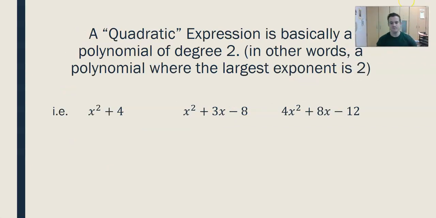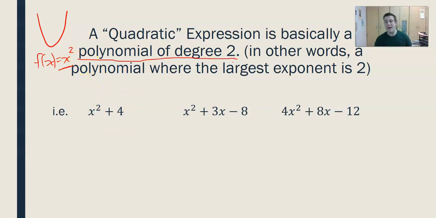When we talk about a quadratic expression, this is something that we've already discussed in the last unit when we were talking about graphing. A quadratic function is one that looks like this. If I had a quadratic function, it looks something like a U, and the function has an x squared in it. It might have a bunch of other stuff, but it has an x squared, something squared. So a quadratic expression basically is a polynomial of degree 2.